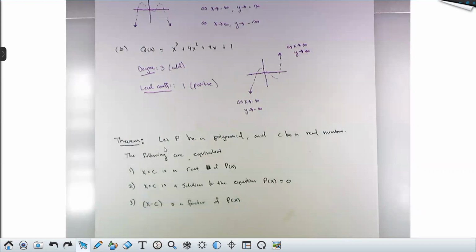So factors tell us roots, and roots tell us factors. If you know one, then you know the other. And roots are the same thing as solutions to this equation.